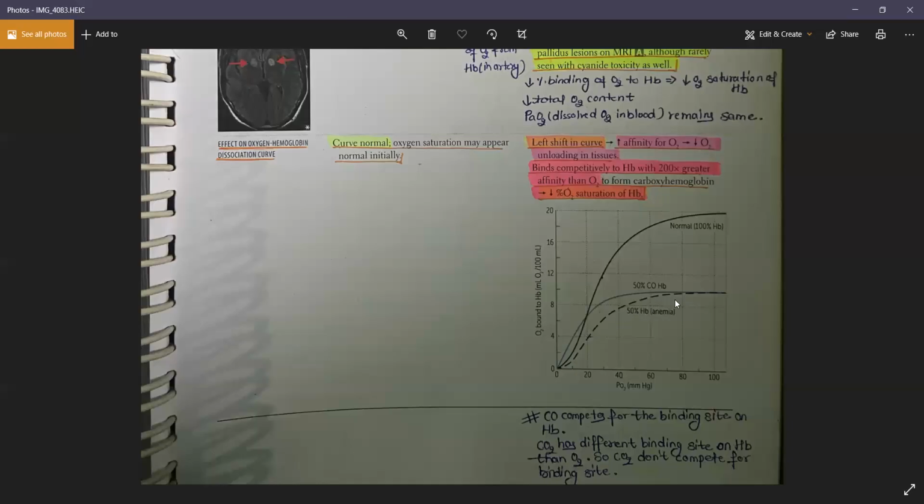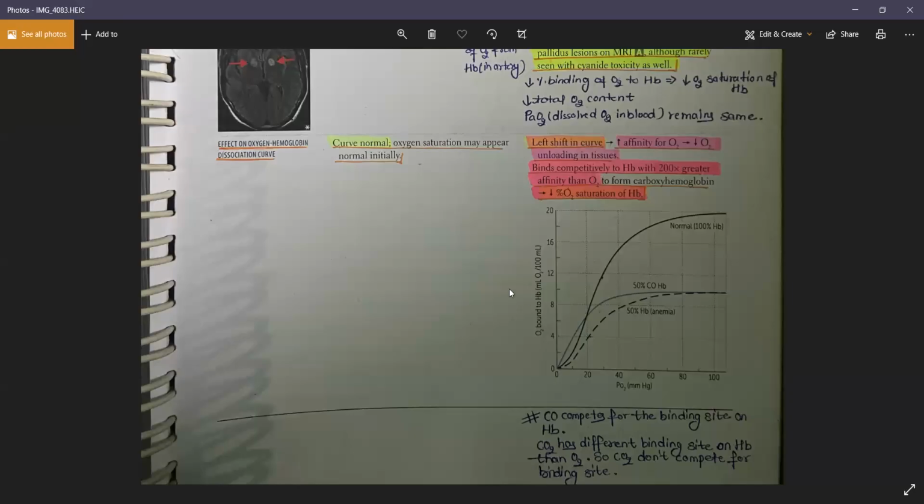But I told you in case of carbon monoxide poisoning, you're also having an increase in the affinity. So low saturation, and as you can see, the curve for the carbon monoxide poisoning is left shifted, right? So an increase in the affinity and loss of saturation is what you see in case of carbon monoxide poisoning.